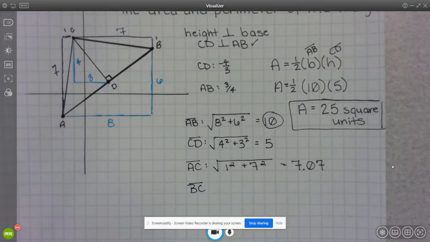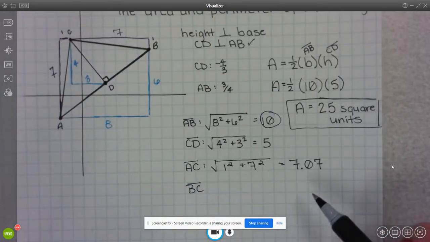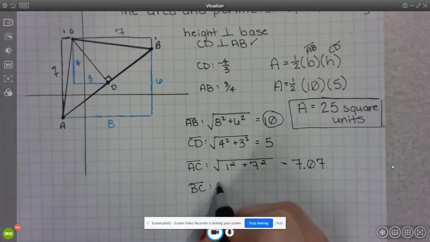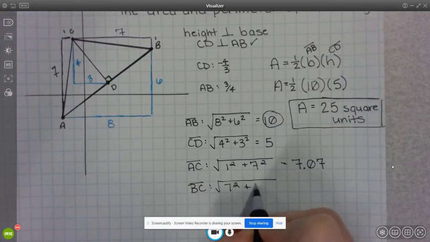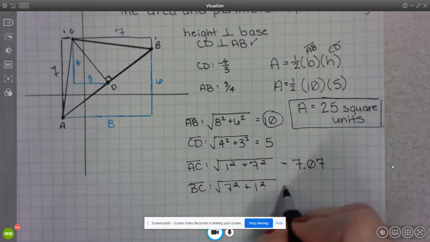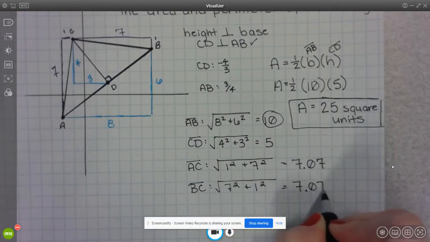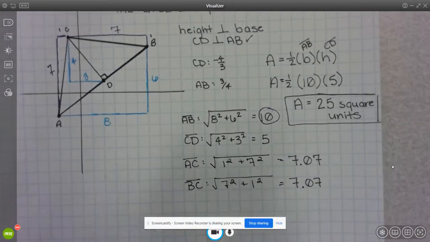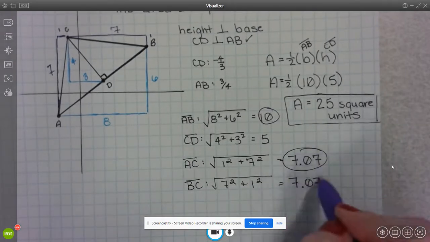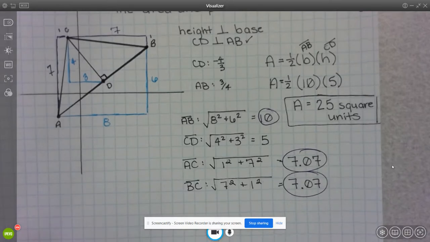And because BC has the same side lengths for the triangles, I know that these two are going to end up being the same because here I'm doing 7 squared plus 1 squared, which is exactly what I had here, which is 7.07. So for our perimeter, I'm going to add up those 3 numbers that I've circled. So I have 10 plus 7.07 plus 7.07.